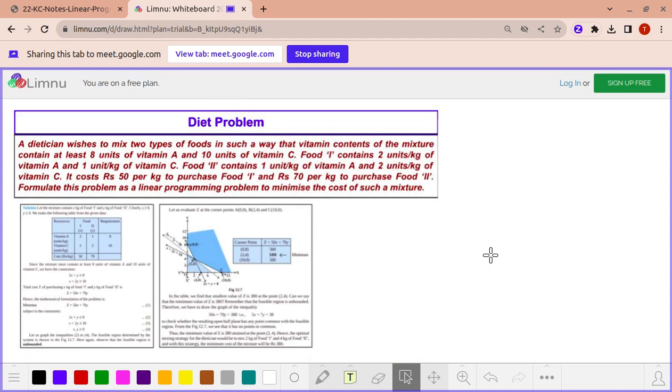So the underlined diagram is not showing properly, but anyway I will explain it here. So what is a diet problem? A dietitian wishes to, let me first read out the problem.